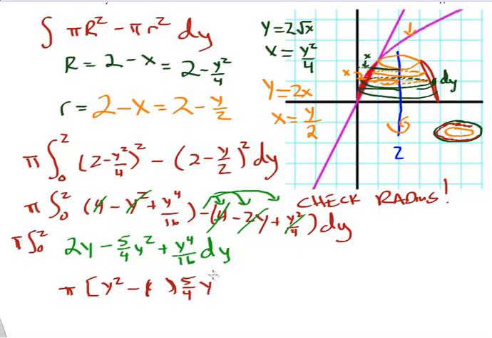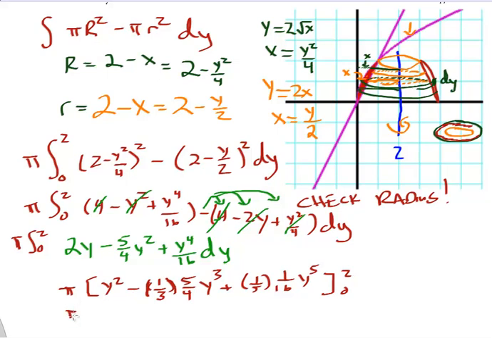Change this to a y, add 1 will be cubed, so that means it's 1/3 down there. Plus, same idea, 1 over 16, y to the 5th, so this is 1 over 5. This is just a method I use to make sure I don't lose anything. 0 to 2 is what we're plugging and chugging.